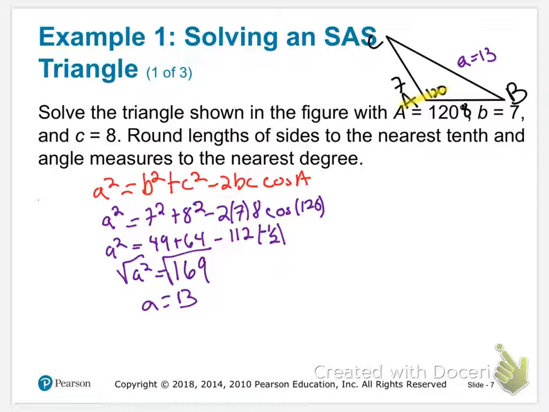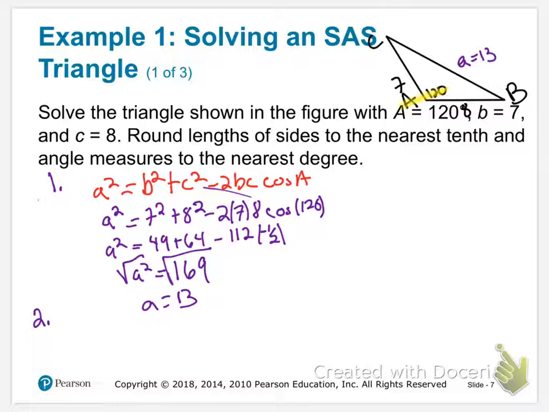Now that we have that, that was step 1. Step 2 is to use the Law of Sines. The Law of Sines requires us to know an angle measure and a side. The only one that we officially know is a.